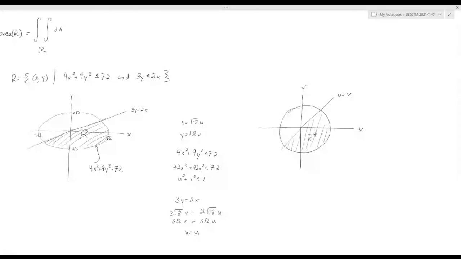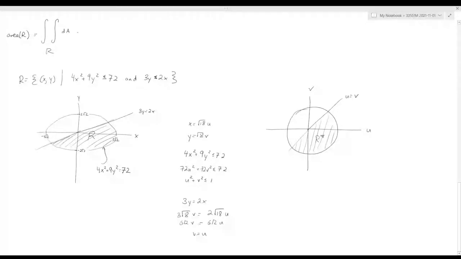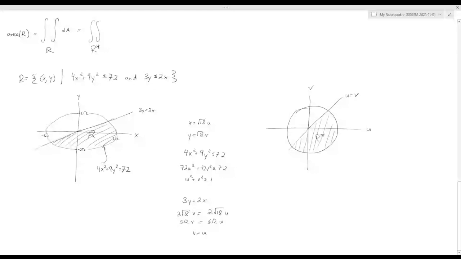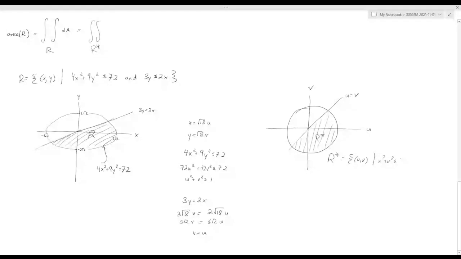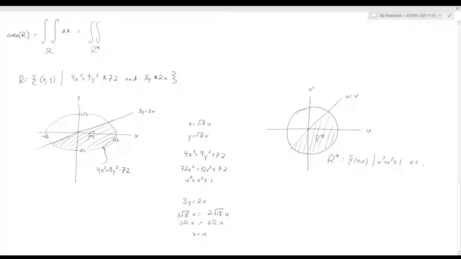According to the change of variable formula, this is the integral over R star. R star, if you'd like, is the set of all points in the UV plane where u squared plus v squared is less than or equal to 1, a unit disk, and v is below that diagonal line u.